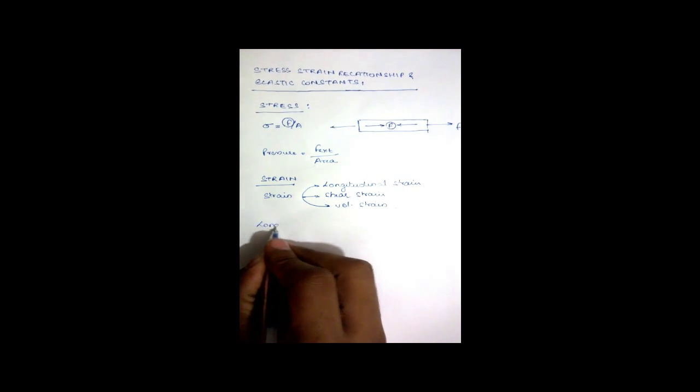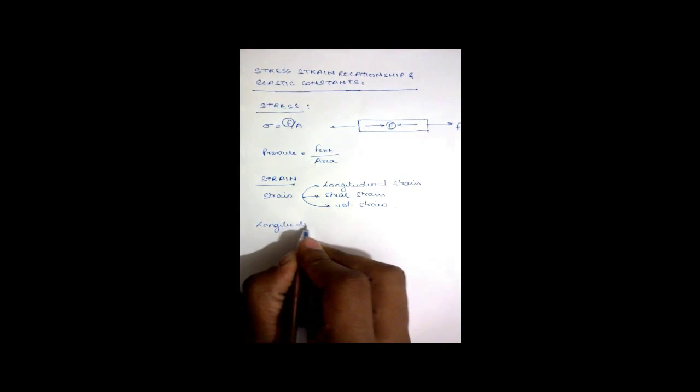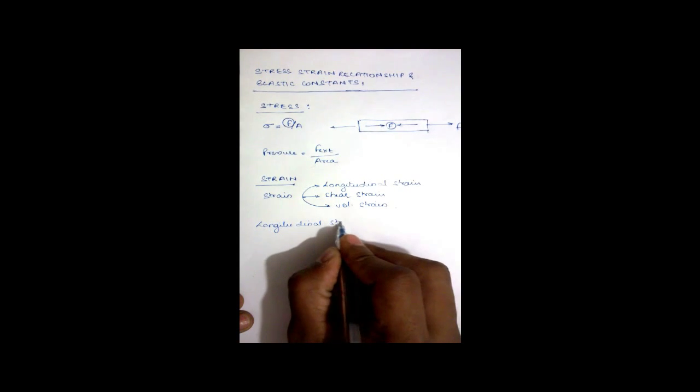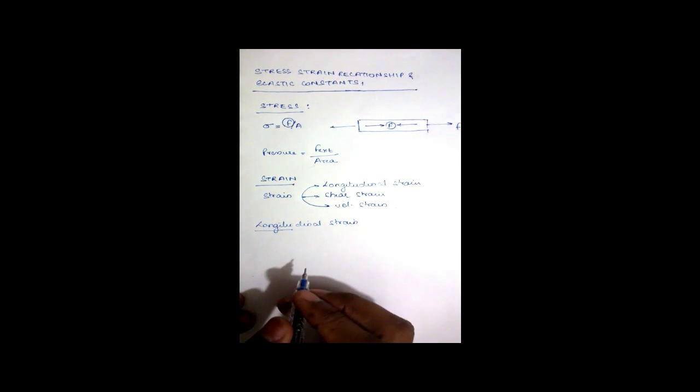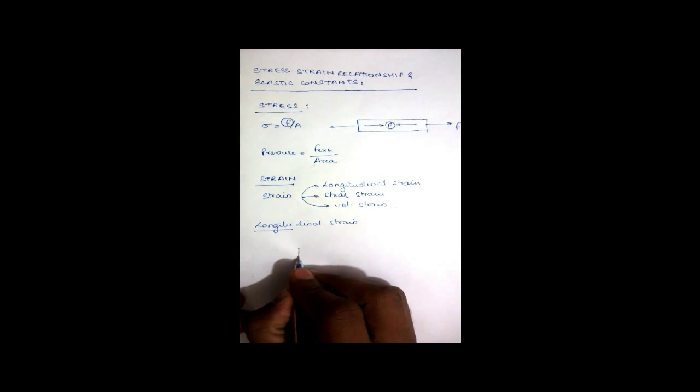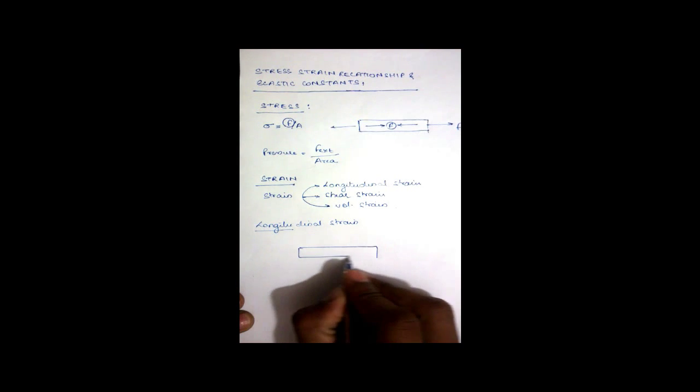Let us now understand what is longitudinal strain. As we have seen the case earlier, if there is a bar of length L over which a force has been applied in longitudinal direction, it is also known as one-dimensional loading.